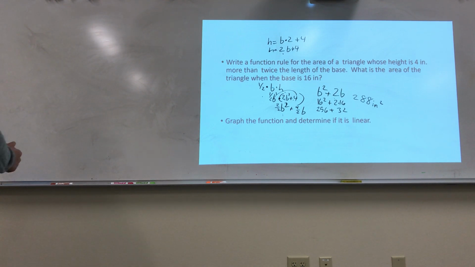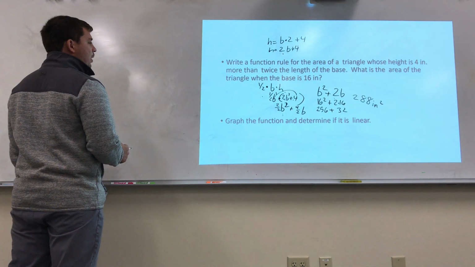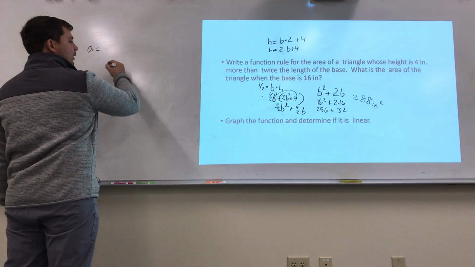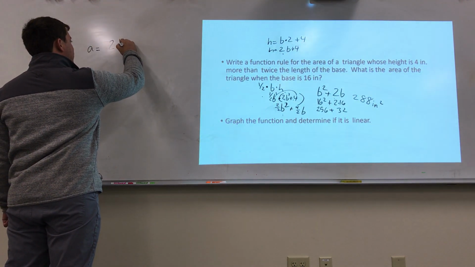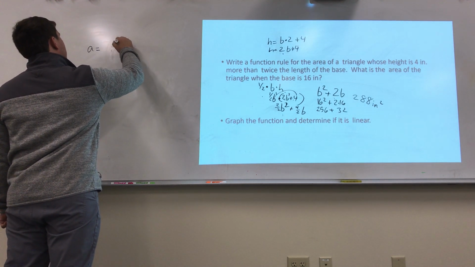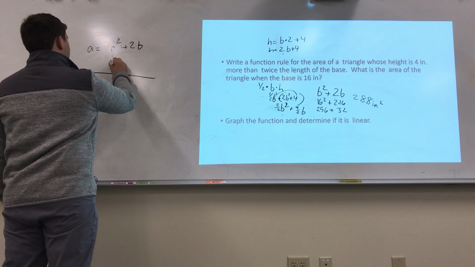So, what I would do here is go A equals, because that's going to be my area, equals 2, or no, it'd be B squared plus 2B. Okay? I'm going to make a chart.